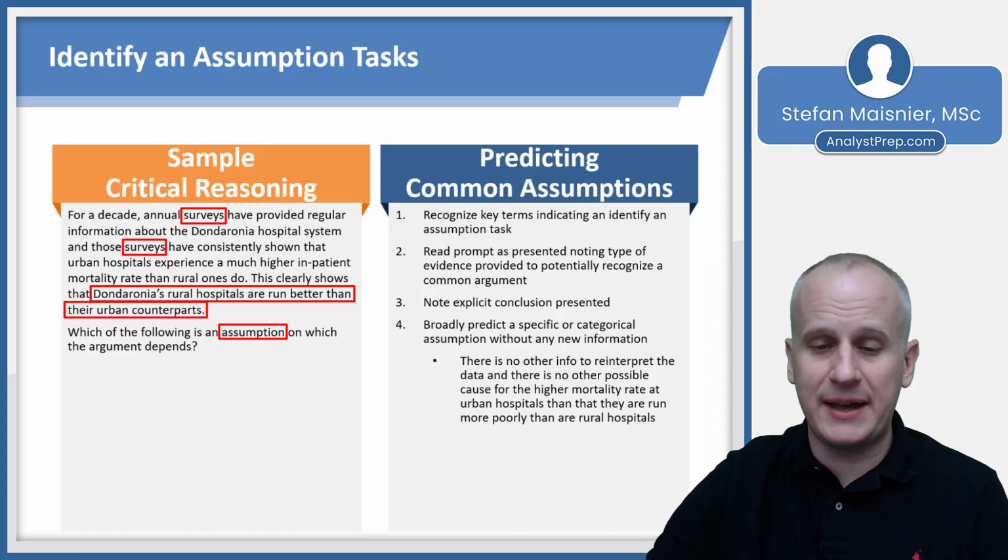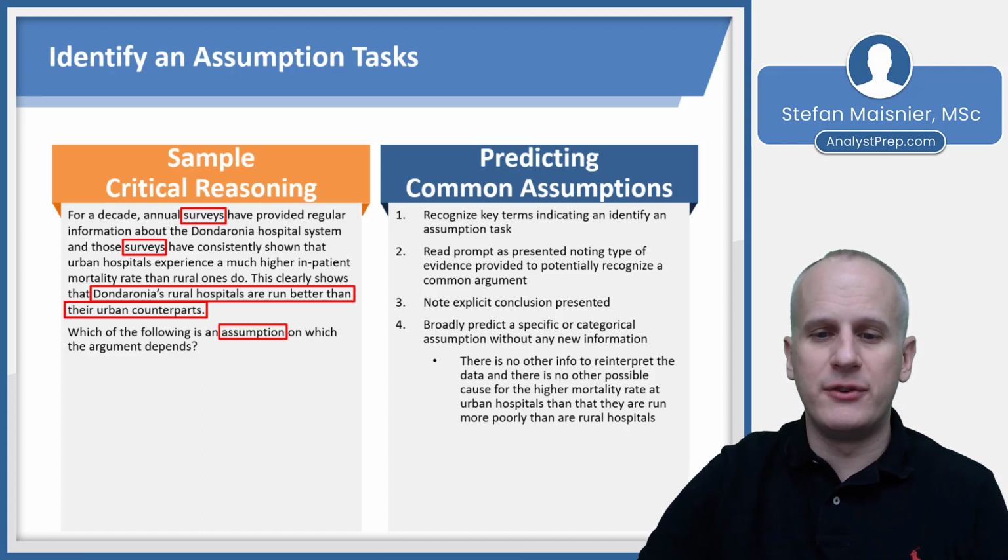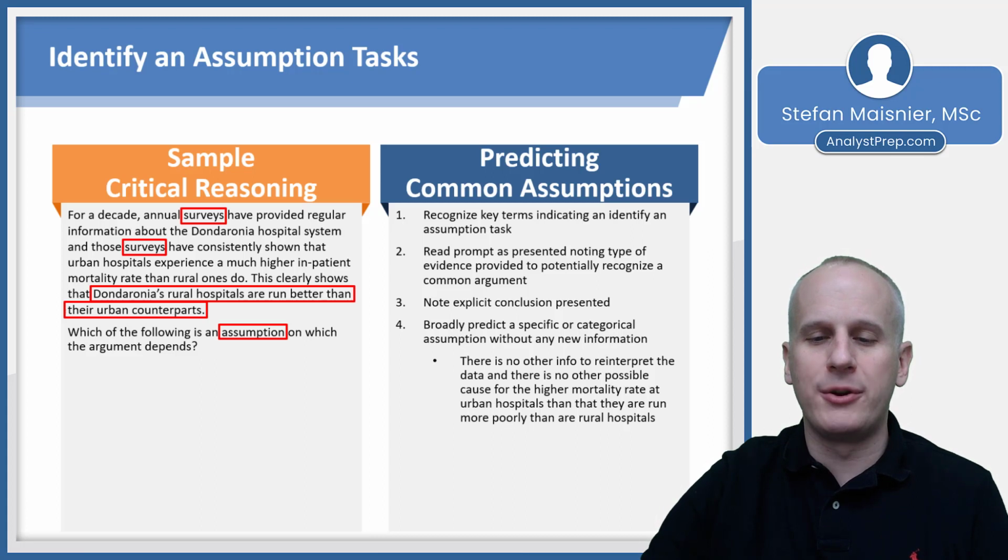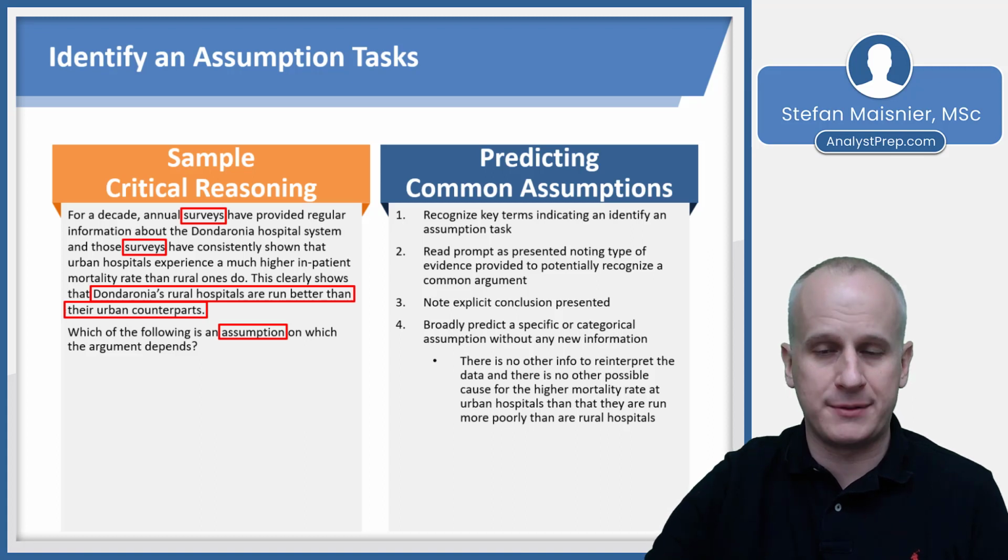So that would be there is no other info to reinterpret the data, and there is no other possible cause for the higher mortality rate at urban hospitals than that they are run more poorly than rural hospitals. So we're ultimately trying to find a reason that the rural hospitals may not be run more poorly based solely on this one metric of a higher inpatient mortality rate.